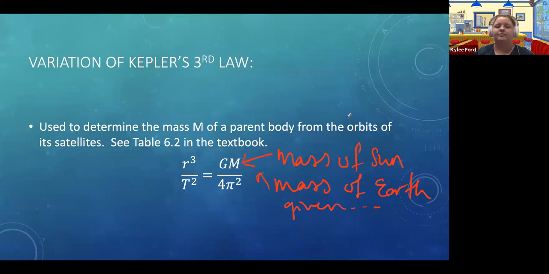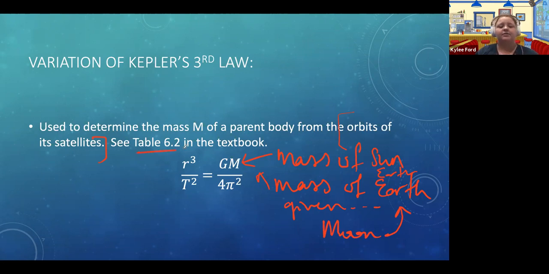If we knew something about the orbits of its satellites, AKA, if we knew something about Earth, we can determine the mass of the sun. If we knew something about the moon, we can determine the mass of the sun. So that's kind of what we're looking at here.